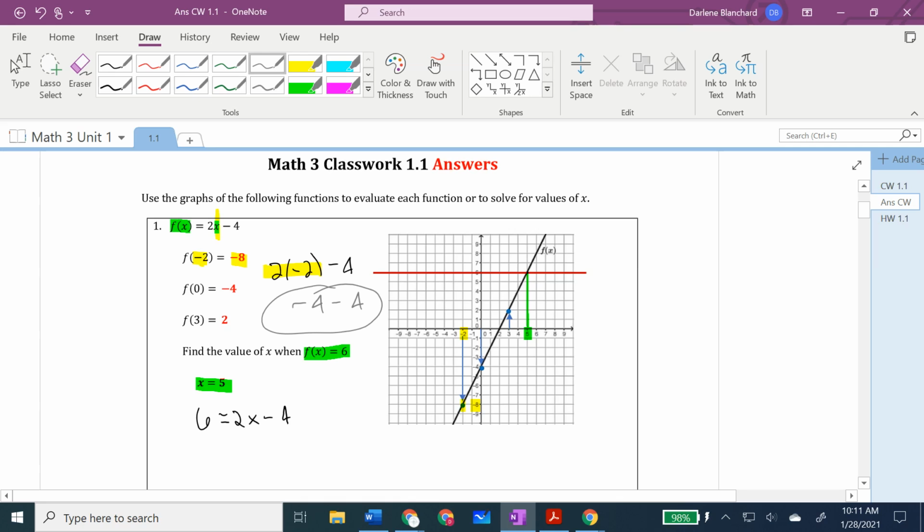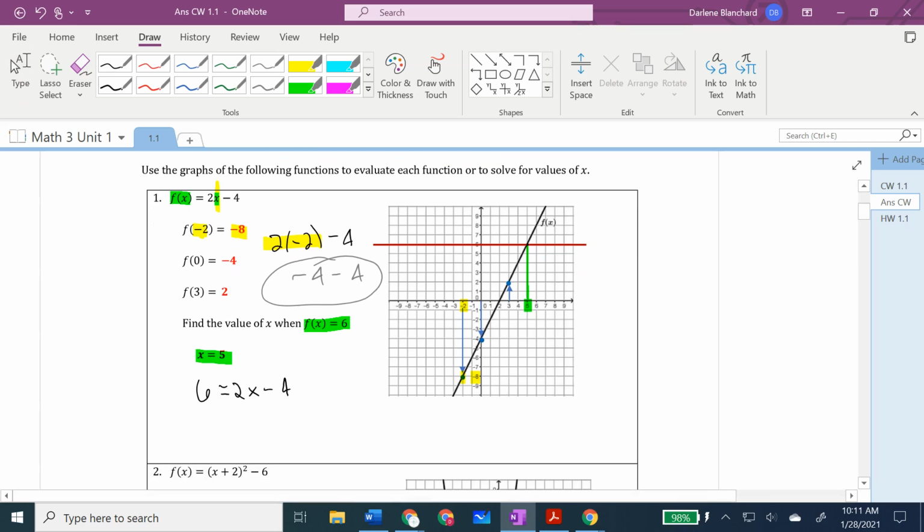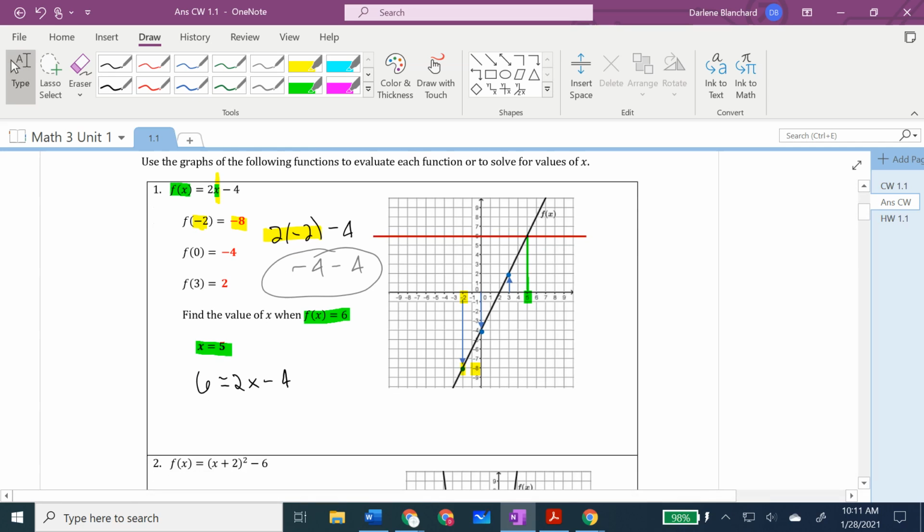But when I'm solving equations, I'm going from the y backward to the x. So if I'm going backward, I'm actually doing the opposite order of operations. Anytime you solve an equation, that's actually what you are doing. So with order of operations, multiplication comes first, addition, subtraction comes later.